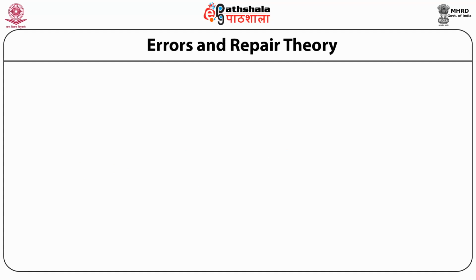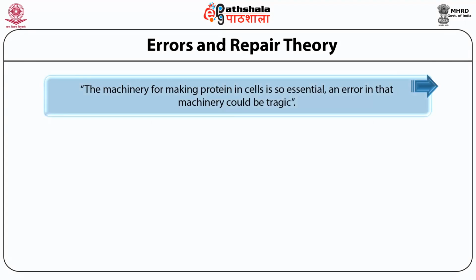Error and repair theory. According to Leslie Orgel, the machinery for making protein in the cell is so essential that an error in that machinery could be tragic. The production of protein and the reproduction of DNA sometimes are not carried out with accuracy.